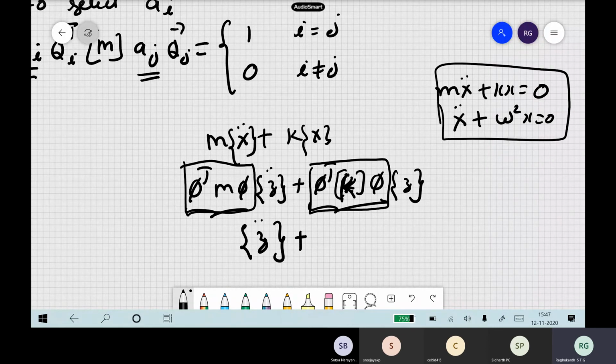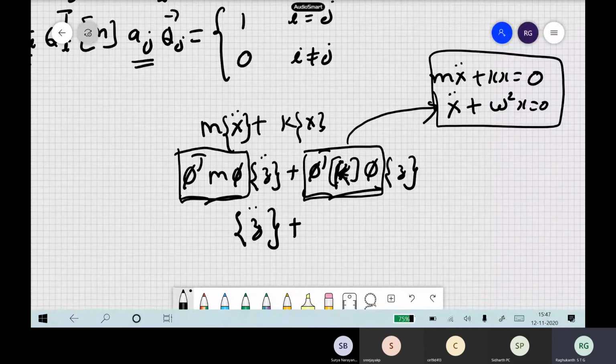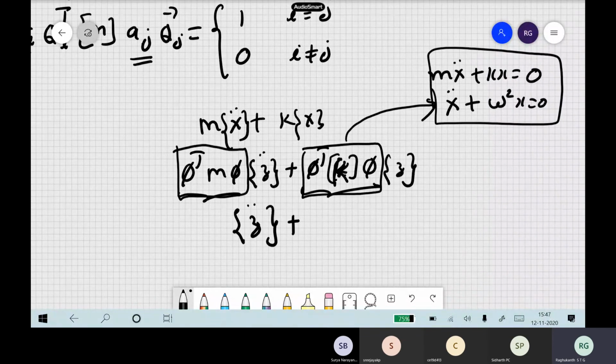So now we want all these equations also to be like this. So now what should be the criteria? Phi transpose m phi should be identity, but phi transpose k phi should be a diagonal matrix, which consists of your natural frequencies itself. So the advantage is, the whole multi-degree of freedom system is collapsed to simple single degree of freedom systems.